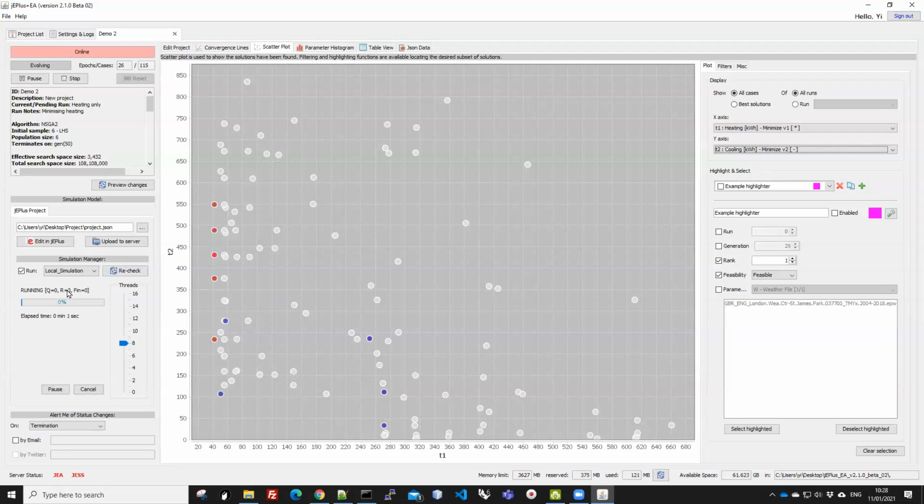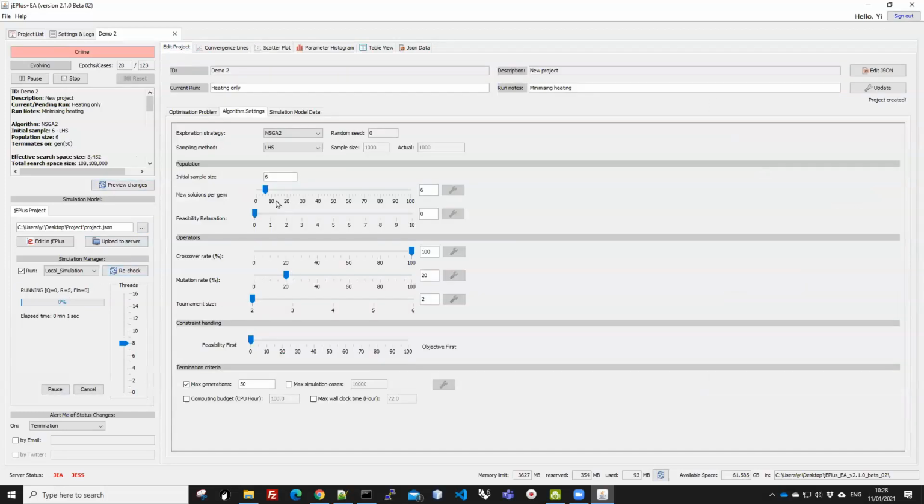If you have a look here, you see every time it runs up to 6 different cases. Sometimes 3, sometimes 5, but it should never go beyond the 6, because 6 is what we defined as the population size.